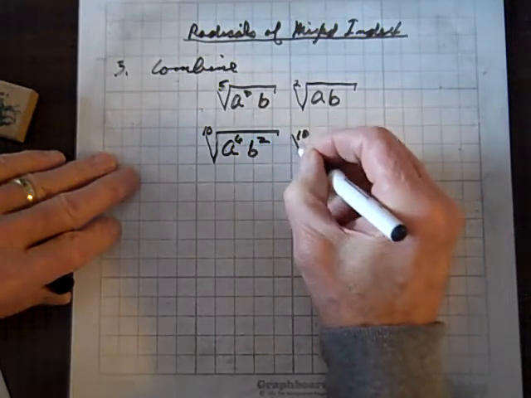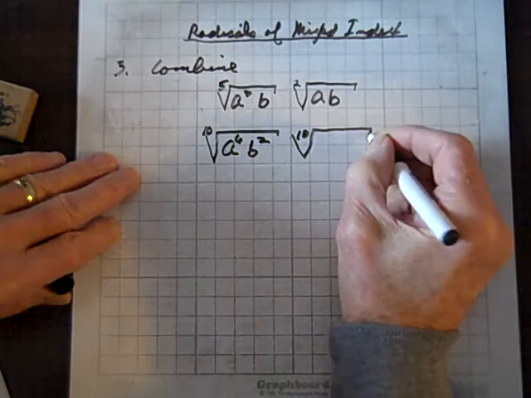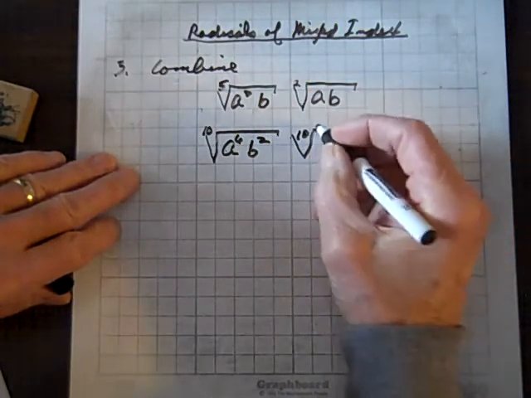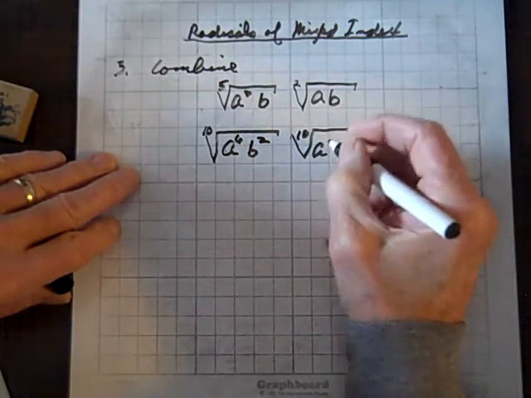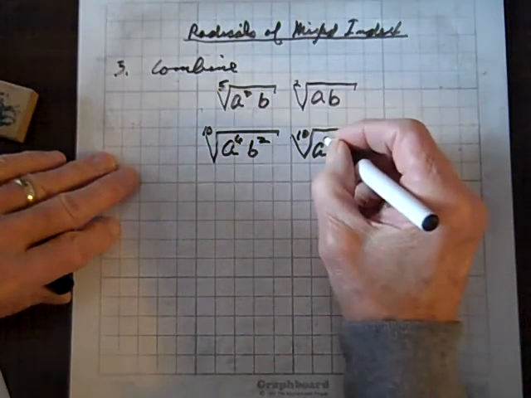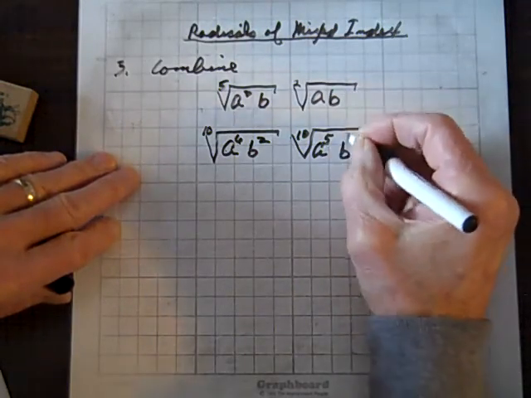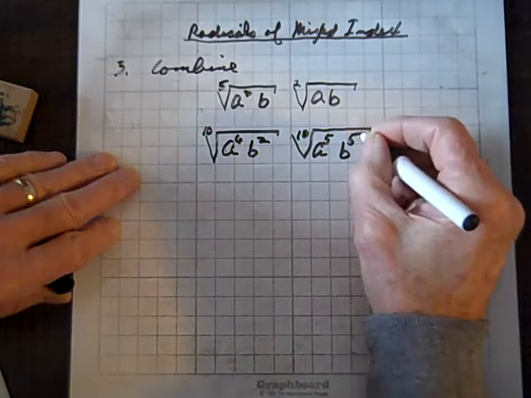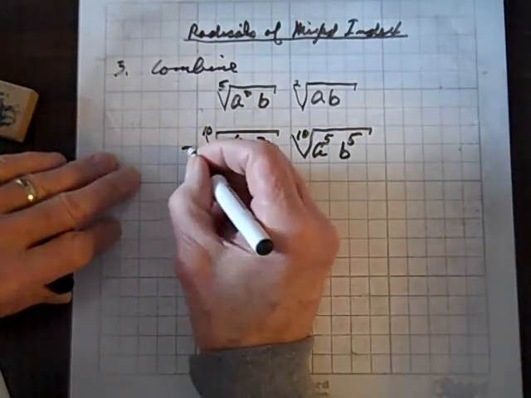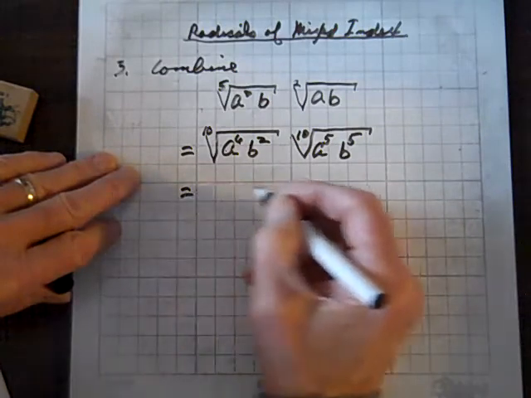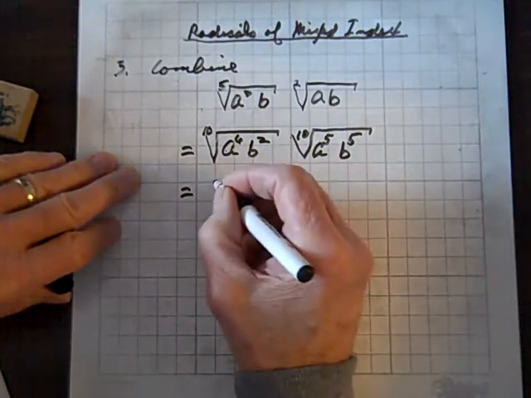We know we need a 10 here, so 5 times 2 is 10. That means we have to multiply this exponent by 5 and this exponent by 5. Both of those exponents were 1. And now, by the way, I need an equal sign.